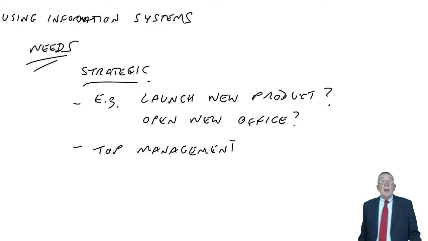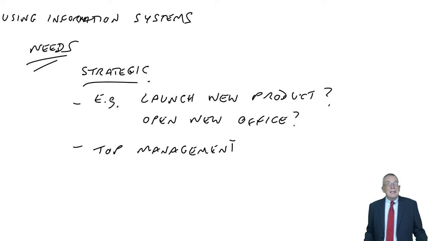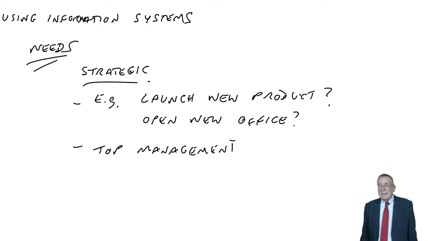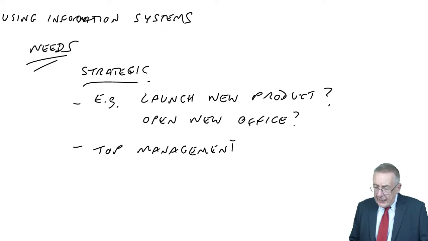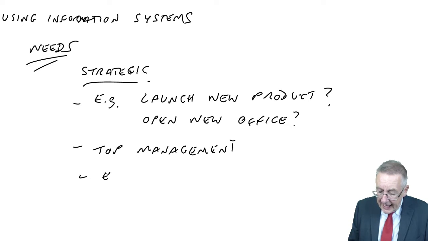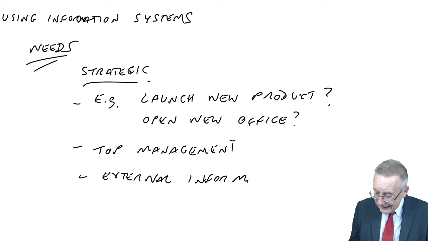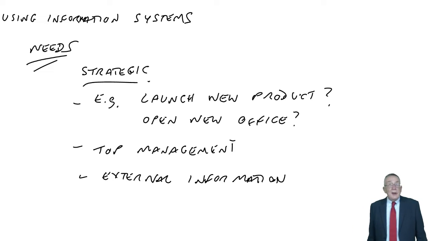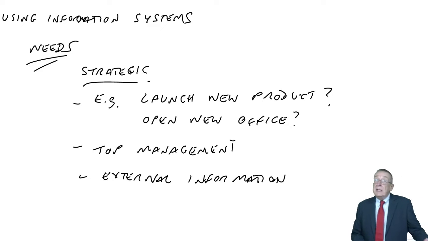And so, what sort of information are they going to need? Well, things like launching a new product. A great deal of the information we need is going to be external to the company. Things like, are there any other companies making the same product?